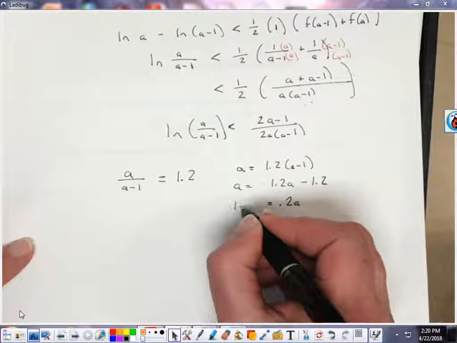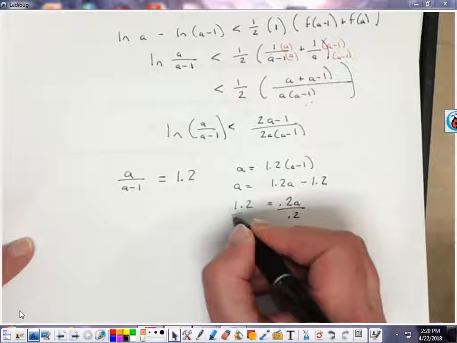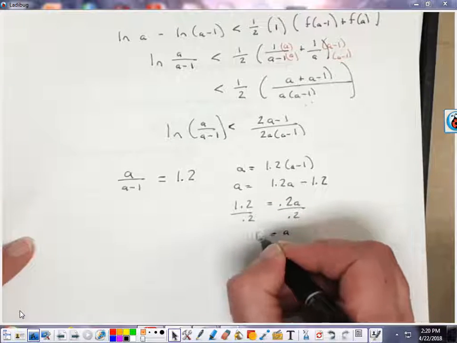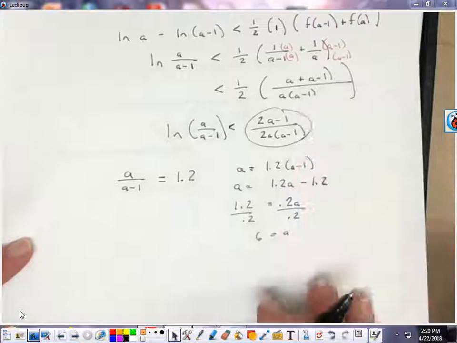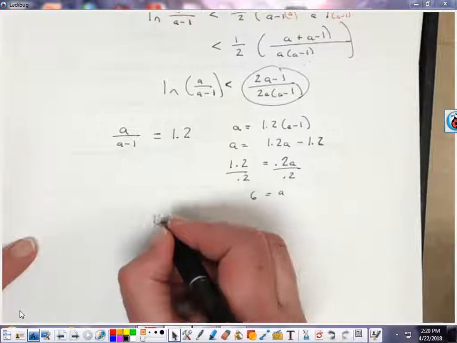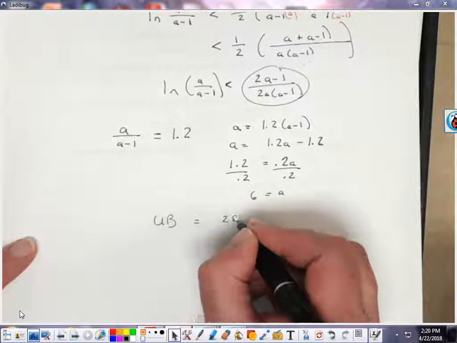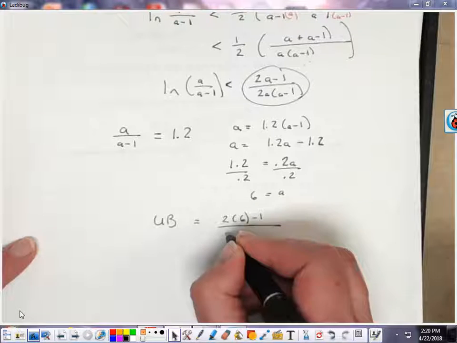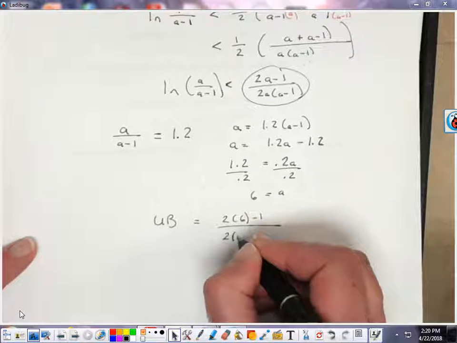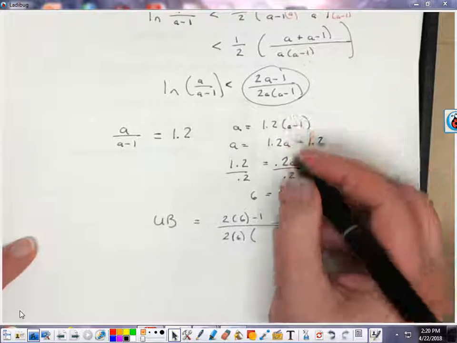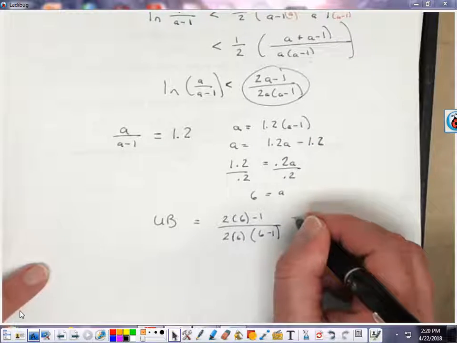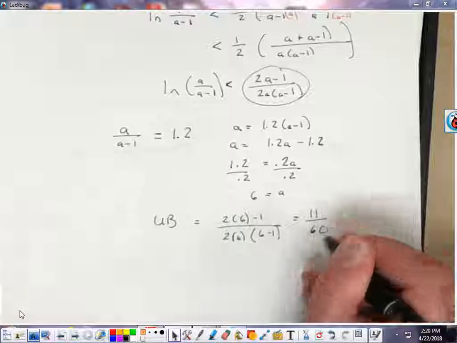And then over here, add the 1.2. Divide by 0.2, you get a is 6. If you want that upper bound, just substitute a into that. So the upper bound would be 2 times 6 minus 1 over 2 times 6, and then 6 minus 1, and that'll come out to be 11 over 60.